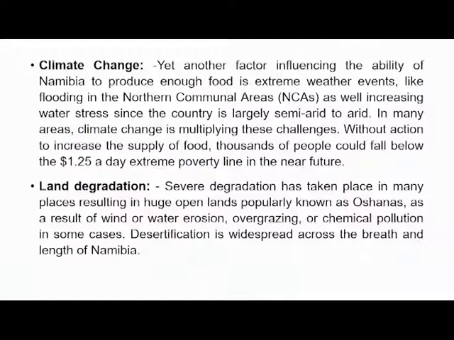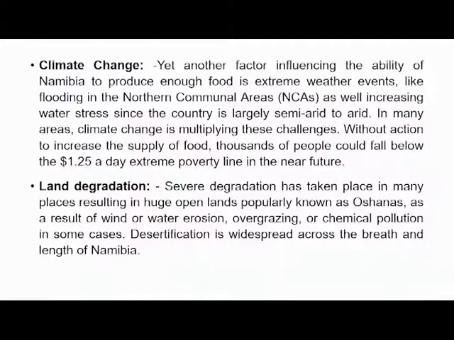Desertification is widespread across the breadth and length of Namibia. All this causes land degradation, where the land is deteriorating because of the activities going on there.